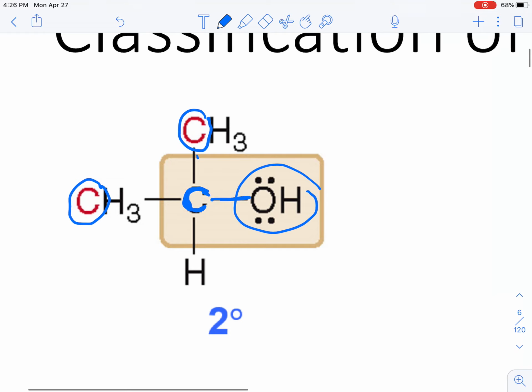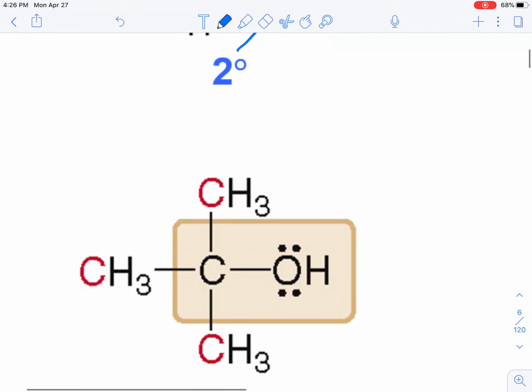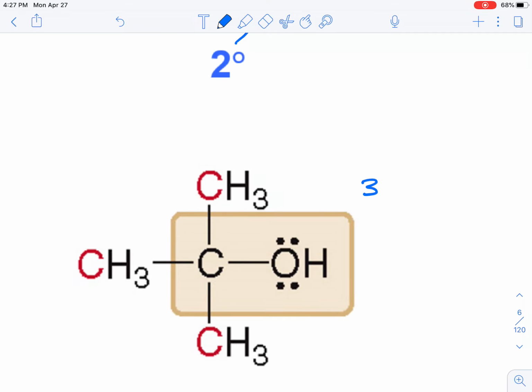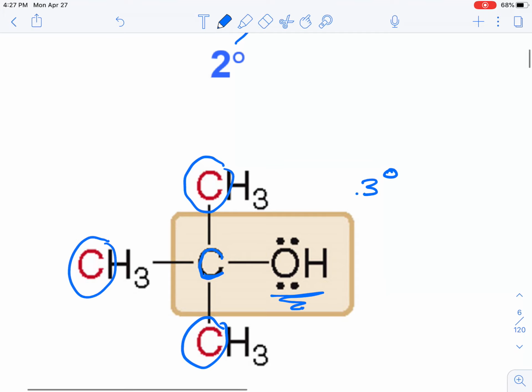And so therefore it would make this alcohol a secondary alcohol. And so if you guys look at this image, we can classify this alcohol as a tertiary alcohol because the carbon that this OH is covalently bonded to is bonded to 1, 2, 3 other carbons. And so it would make this alcohol tertiary because this carbon is covalently bonded to 3 other carbons.